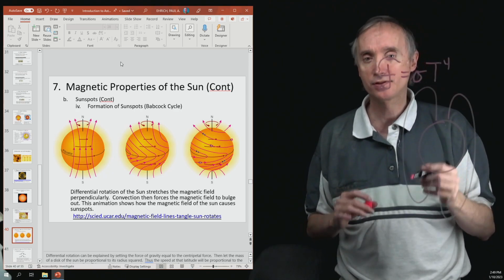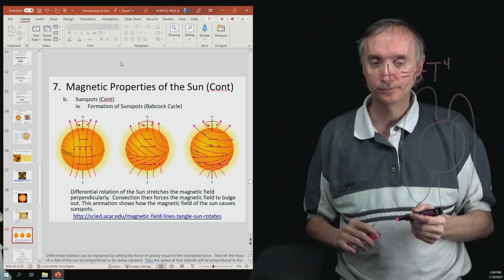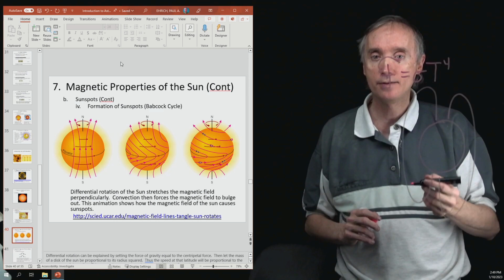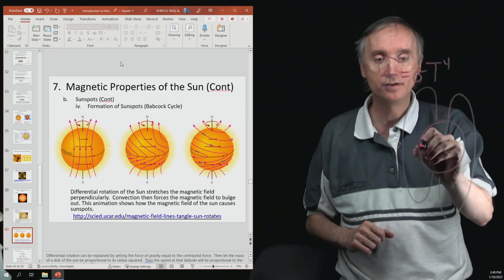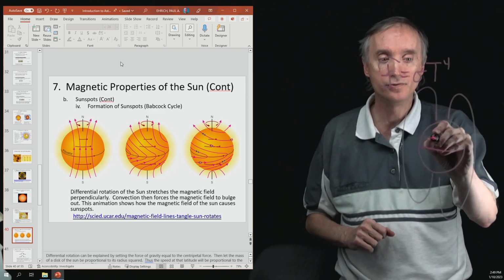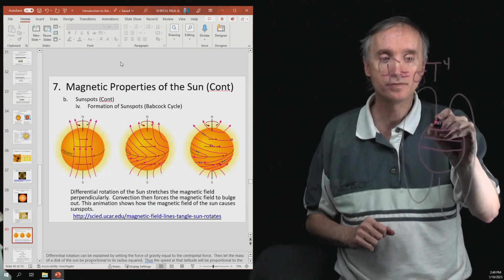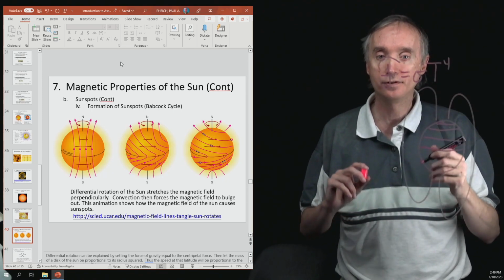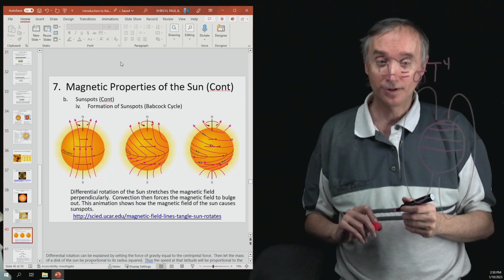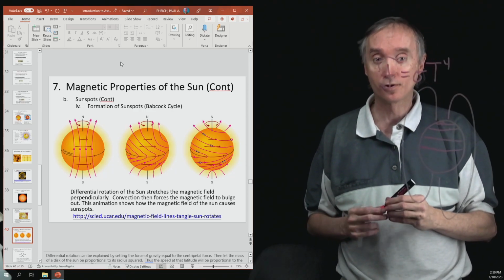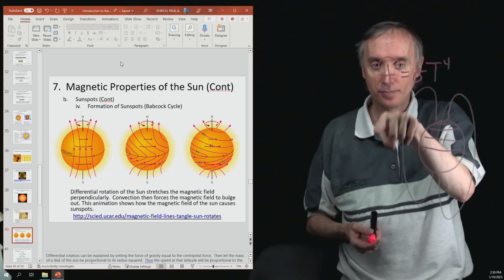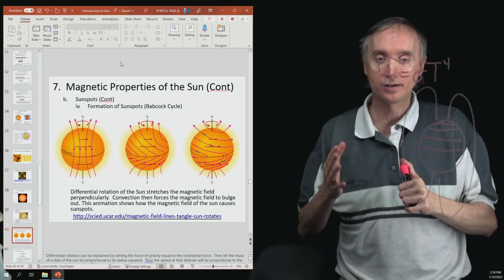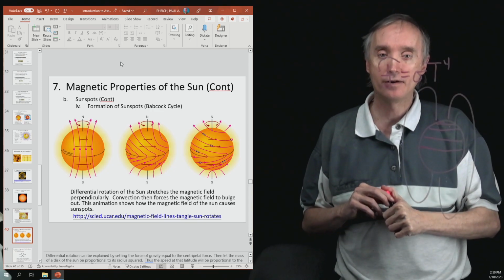Okay, but the sun is rotating. Because the sun is a gas, that means that at different latitudes, so these are the latitudes of the sun, the gas is going to be moving at different speeds. If you want an explanation for that, down at the bottom of the PowerPoint is where I try to explain how that can occur.